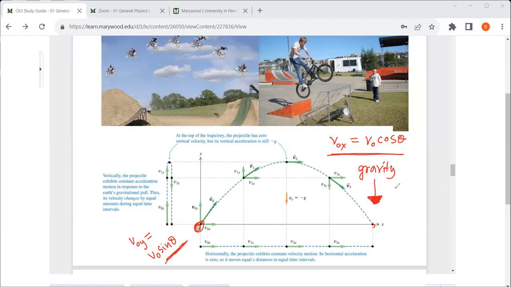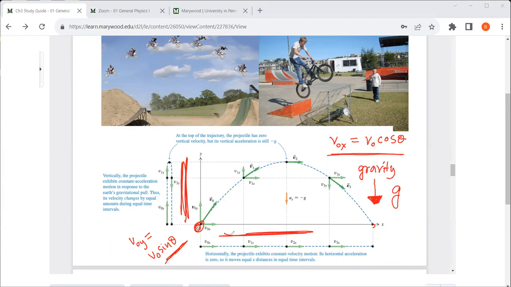Okay, so there is no component along the x-axis for gravity. Gravity is the only thing that can affect the motion of the object, and that is along the y direction, right? So we have a gravitational acceleration only along the vertical direction, not along the horizontal one.